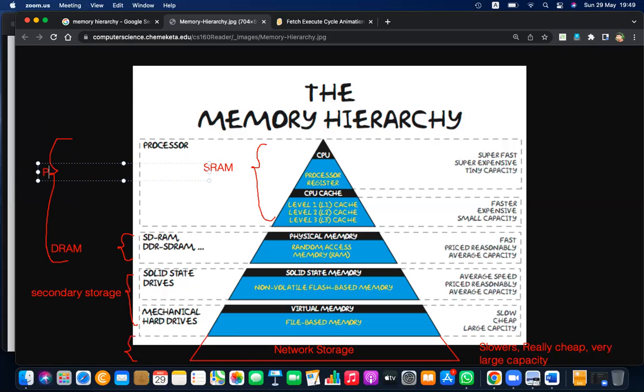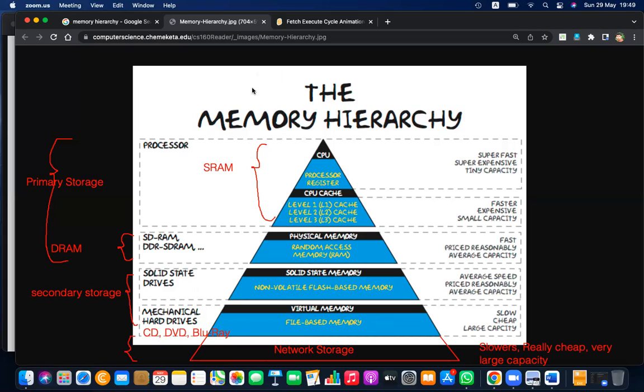These are primary storage devices, SRAM and DRAM together. Then solid state SSD, mechanical hard drive, CD, DVD, Blu-ray, those are also under the secondary storage, which is slower than the primary storage.